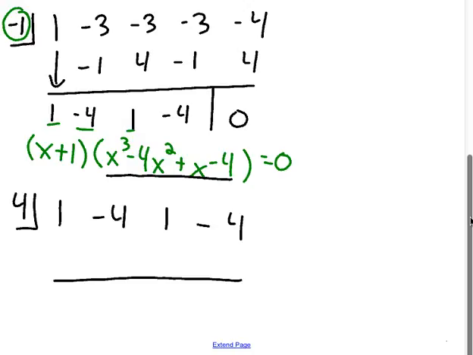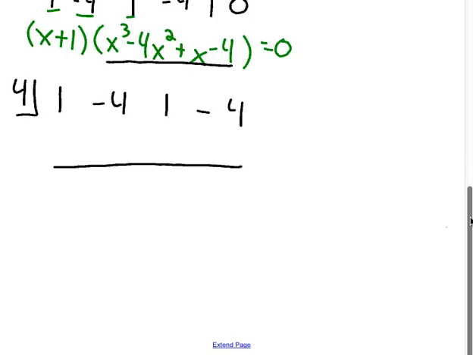That's my ultimate goal here, to keep simplifying. So let's see what we've got. Pull down the first number, multiply, then add. Multiply, then add. Multiply, then add.